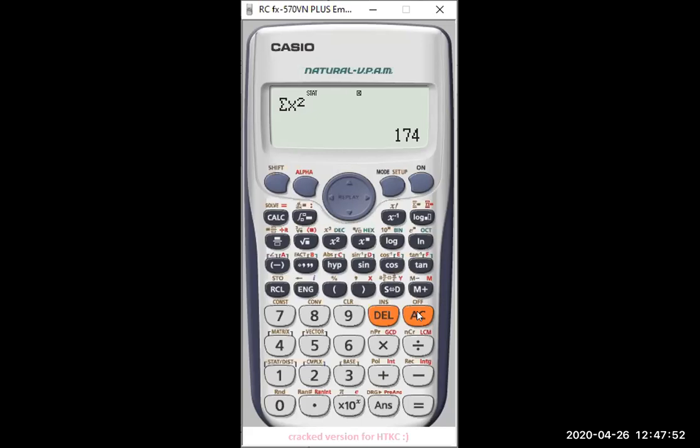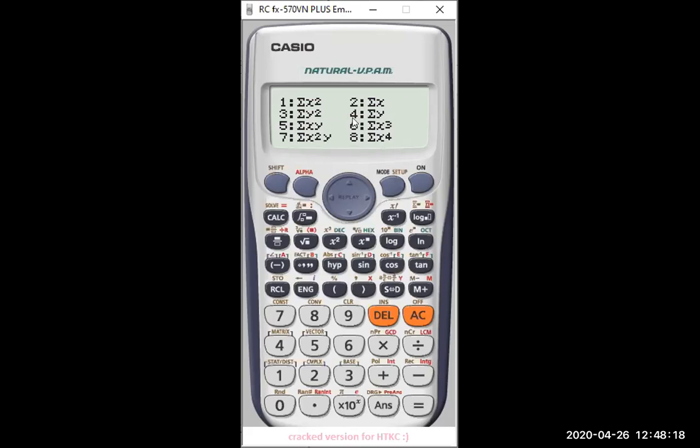Now press AC. Again Shift 1, and again 3 for checking another sum. Sum of x is on 2, so I press 2 and then equal. 44 was the answer of sum of x. Now again AC and then Shift 1, option number 3.